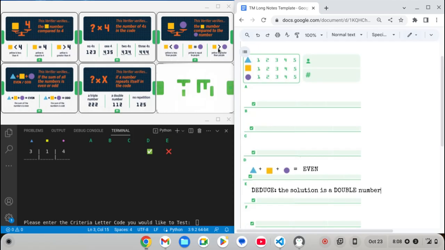So we have two 5s, and then either a single 4 or no 4. That's plausible. However, if square were less than 4, well, then you'd have 1 and 3 to contend with. And so if it is 2 odds and an even, I could see it as having two 5s.